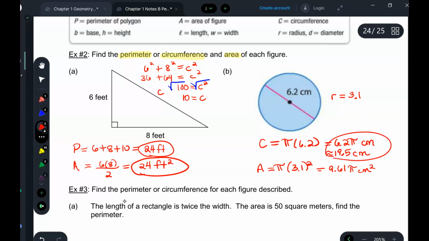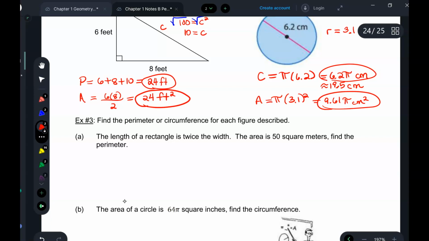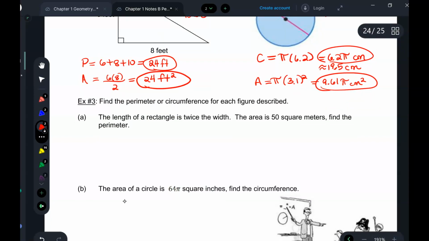There we go. So here's circumference, here's the area. You can multiply it out too. It's just an approximate. I'm fine if you leave it in an exact form.